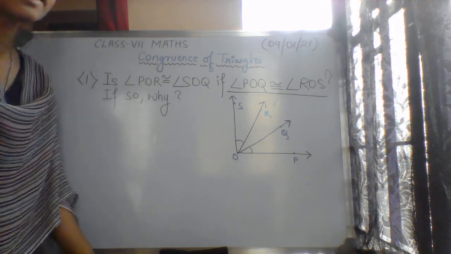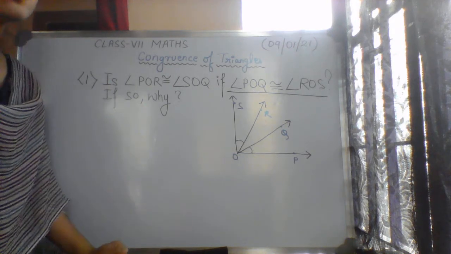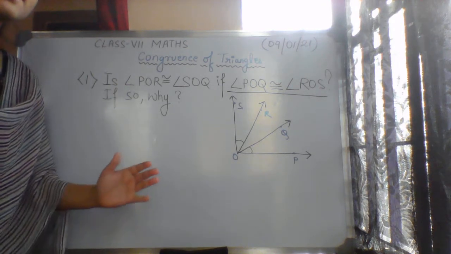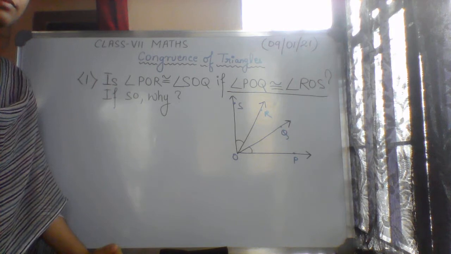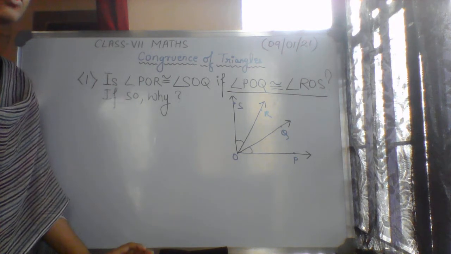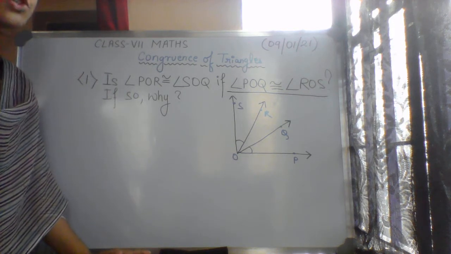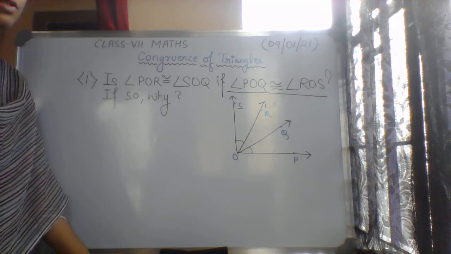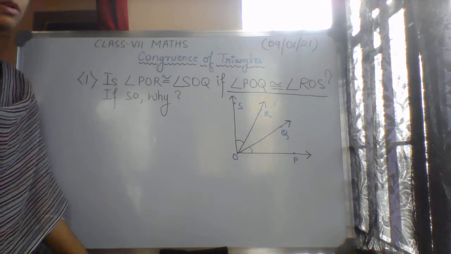Now you already know, what is meant by the congruency of angles? Recall, what do you know about the congruency of angles? Congruency means same shape and size. So when we are talking about congruency of angles, which things are equal?